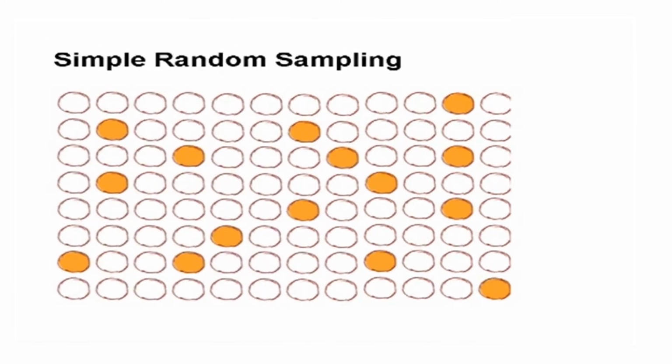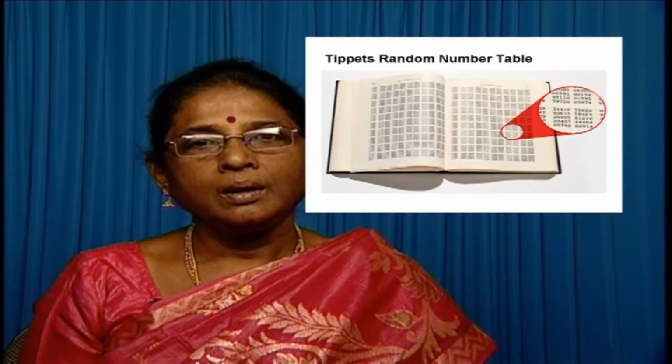The number of slips drawn is equal to the sample size required. One drawback of the lottery method is that when the population is large, writing the numbers and shuffling is cumbersome. Hence, an alternative method, namely the random number table, is adopted.